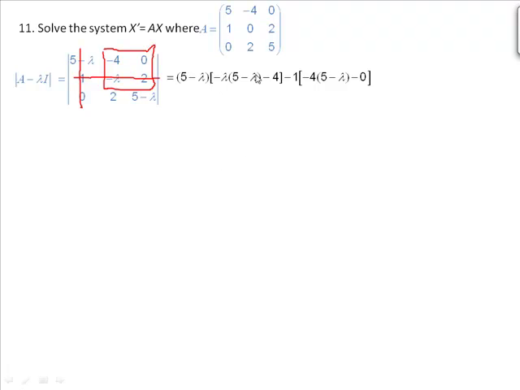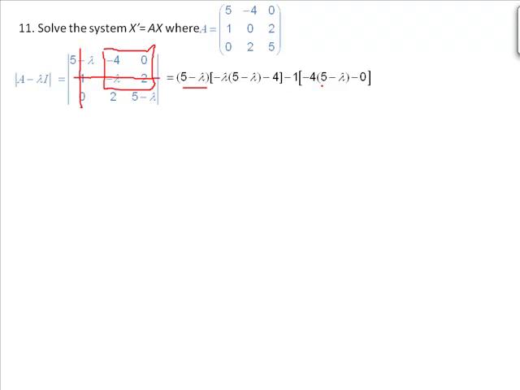So because I know I'm going to get a lambda to the third, I'm going to see if I can factor. And I see 5 minus lambda, 5 minus lambda, 5 minus lambda. I'm going to factor out this 5 minus lambda from my first term.